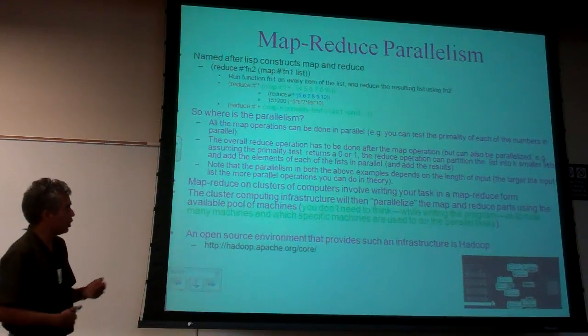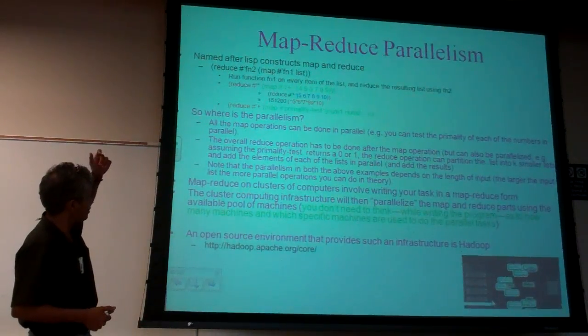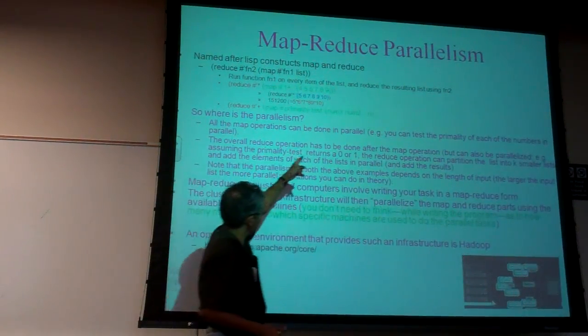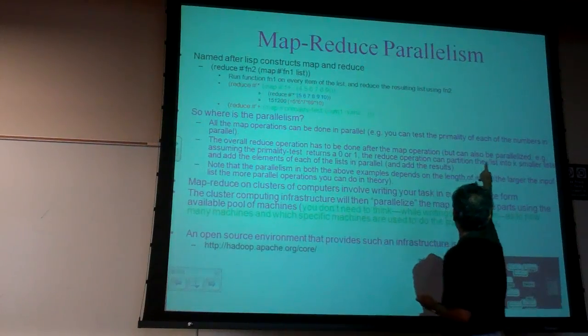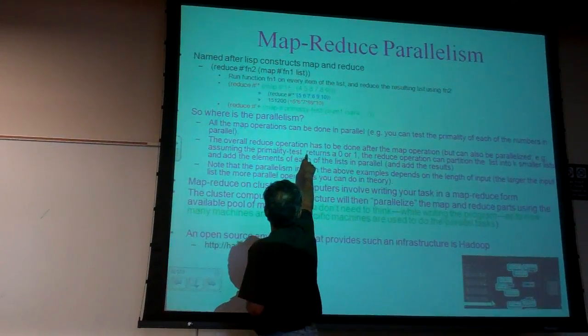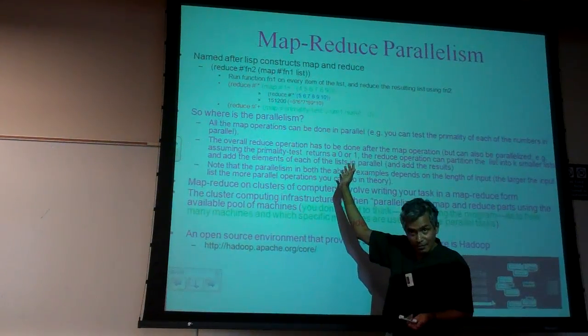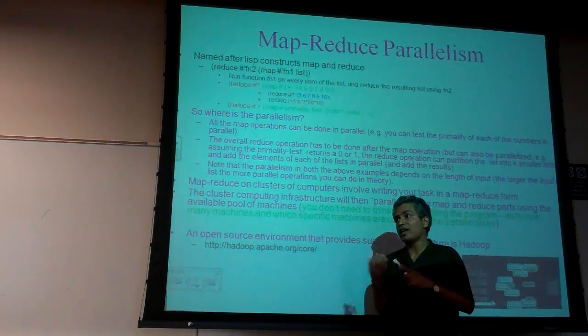Okay, so that's basically all that slide says. The parallelism is that map operations can be done in parallel. You can test the primality of each of the numbers in parallel. The overall reduction has to be done after the map operation gets done, but on the other hand, it too can be parallelized.